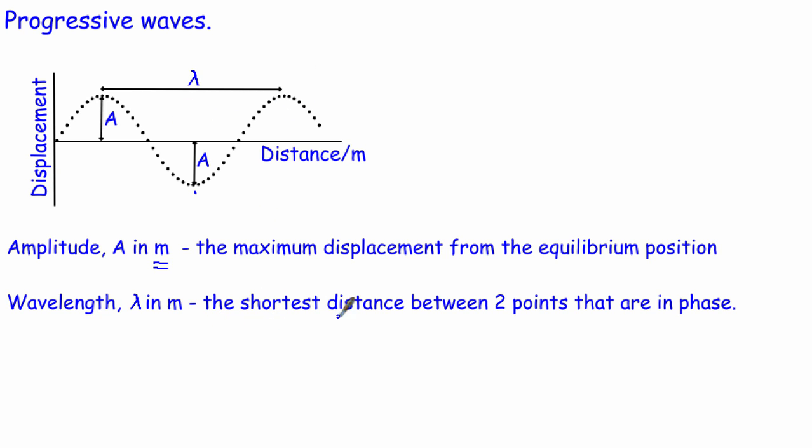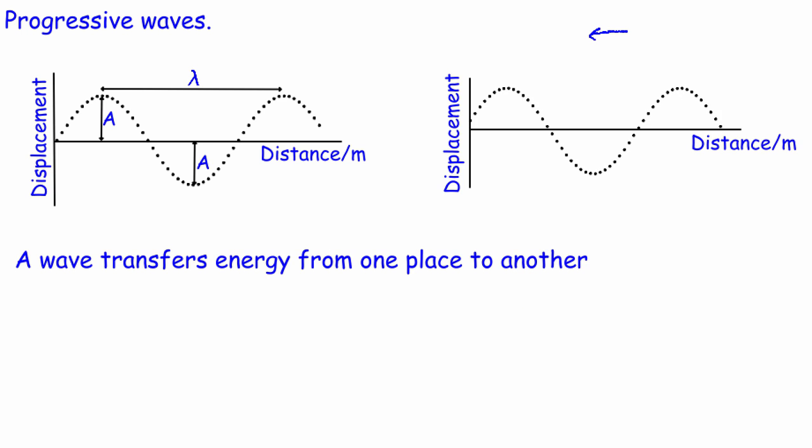The wavelength is the shortest distance between two points that are in phase. We'll have a look at phase towards the end of this video, but essentially what it means is that if we have two particles that are doing exactly the same thing, like this particle and this particle here.